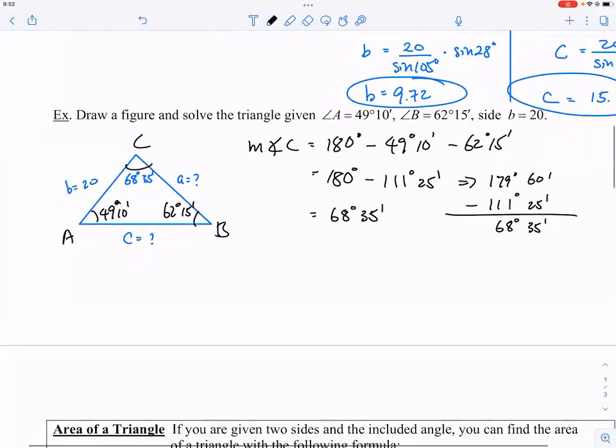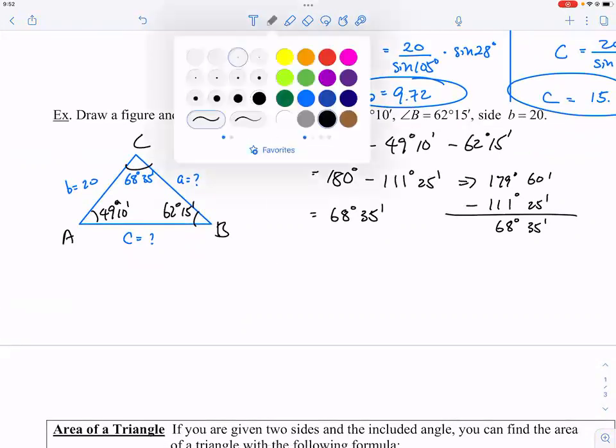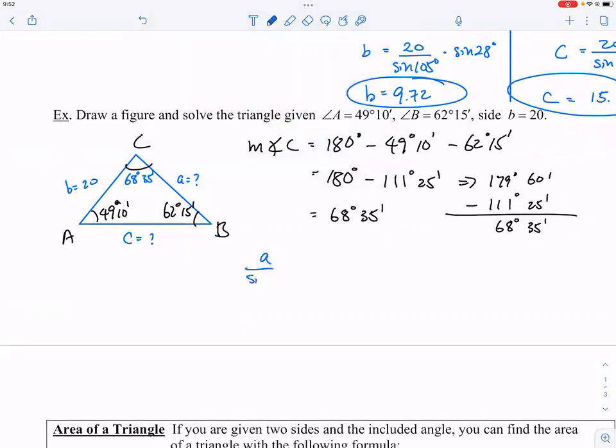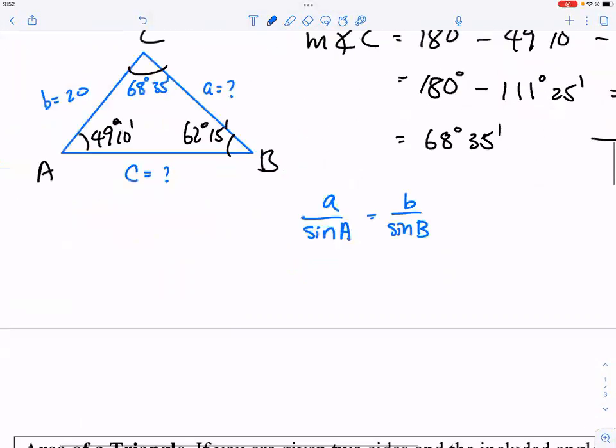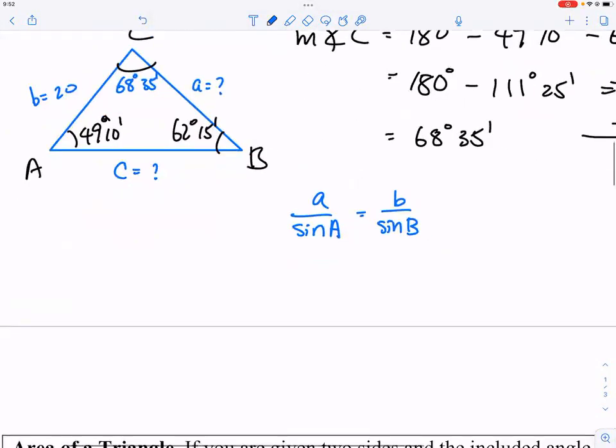Okay, so if I want to find out my side A, I would do A over sine A equal to B over sine B, because I know both the length of side B and the angle B. So my A over sine of 49 degrees and 10 minutes, and then my B is 20, and sine B is sine of 62 degrees and 15 minutes.